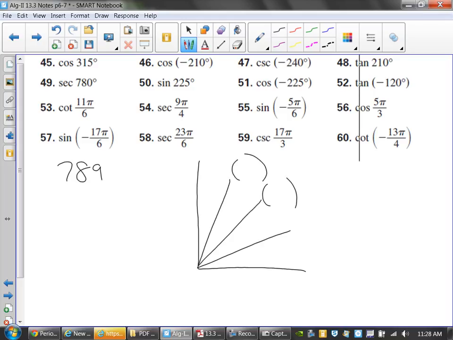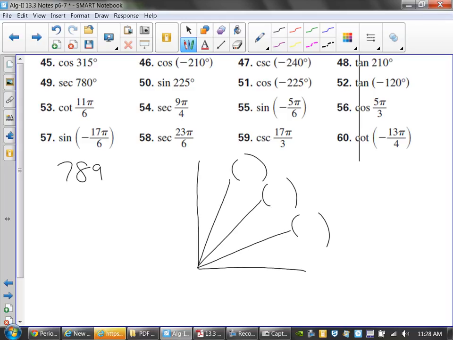Label your ordered pairs. Every time you find a reference angle, it's going to be mirrored off of that first quadrant. There's not going to be anything on here that won't get you a reference angle out of the first quadrant. They will all be either a 30 degree, 60 degree, or 45 degree.